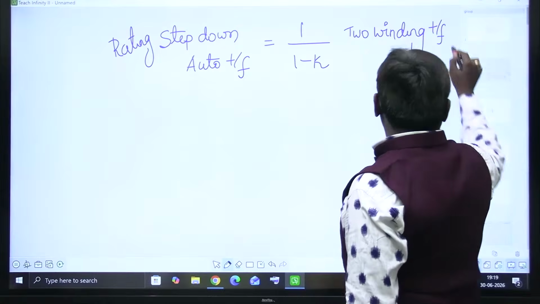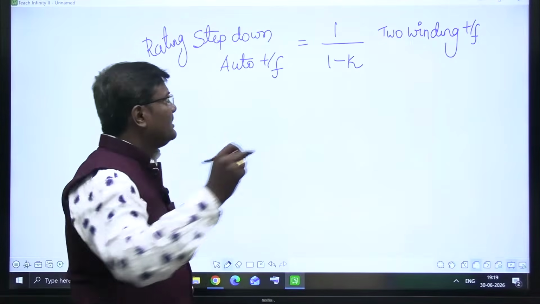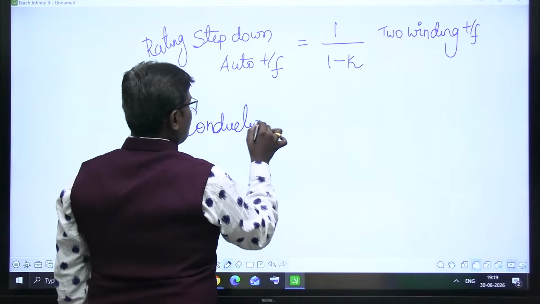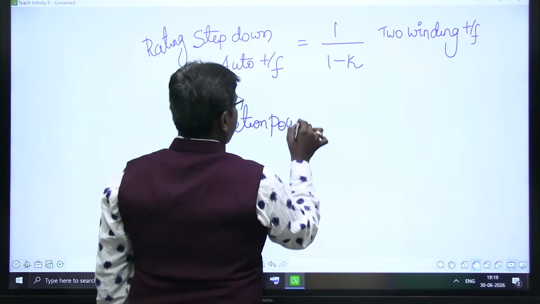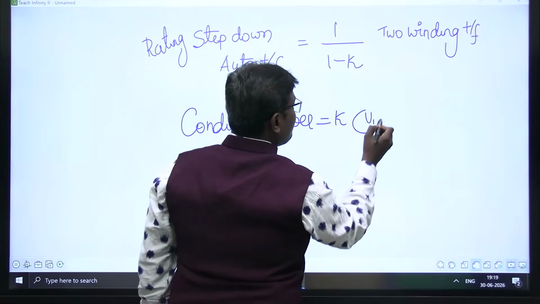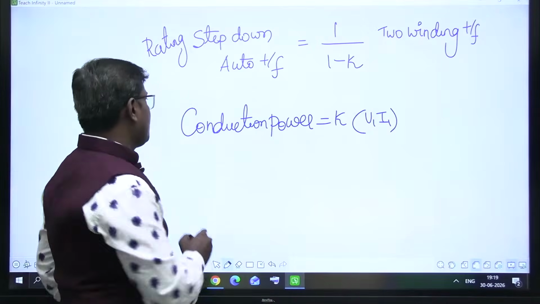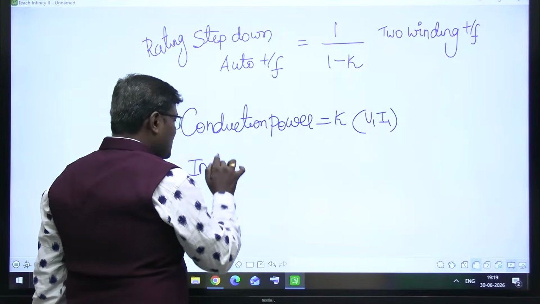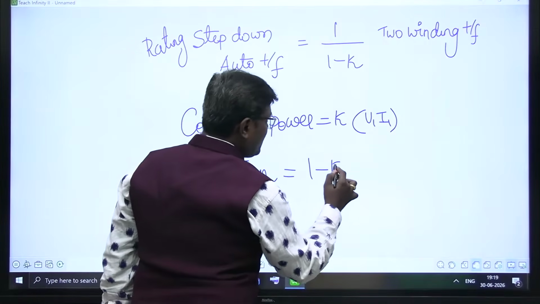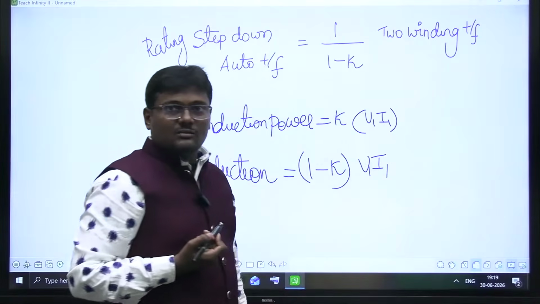I will give some of the important formulas: the conducted power is equal to K times V1 I1, that means K times of auto transformer, and the power transferred through induction is 1 minus K times V1 I1 of the auto transformer.